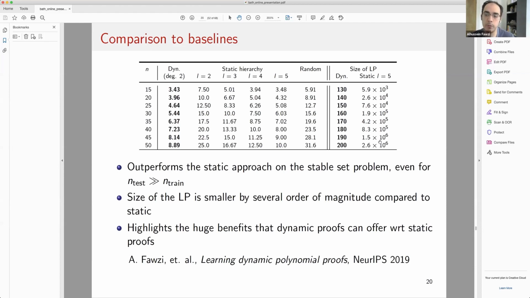So you need to solve linear programs of size 1 million, for example, whereas for the dynamic case, you just need to solve a linear program whose size scales with the number of elements that you have in your memory, which is set here to 200. Okay, so this really highlights the benefits that the dynamic proof can offer with respect to static proofs.